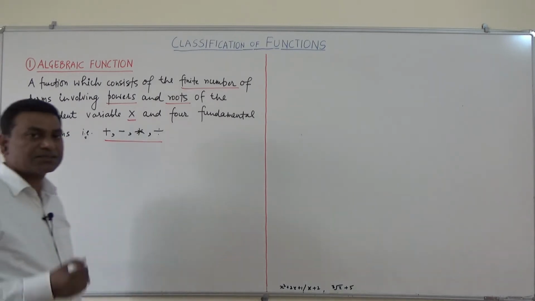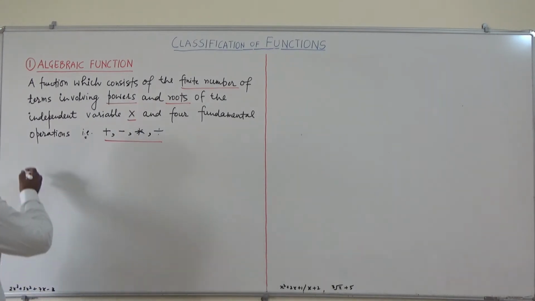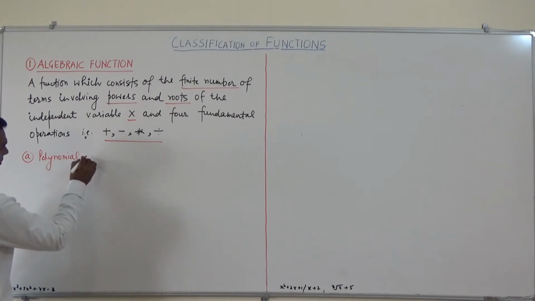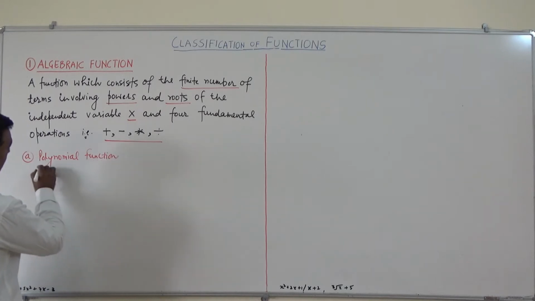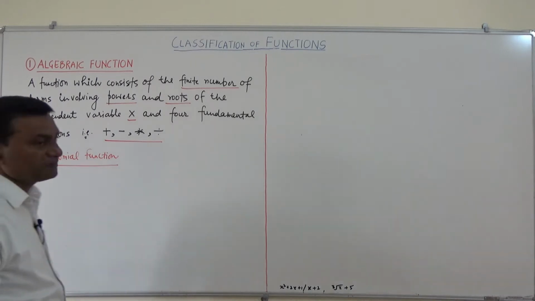Now we will see its first category. So its first category is, let us say this is A, polynomial function. Now we will see polynomial function.